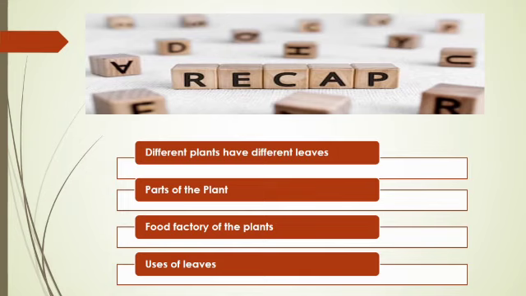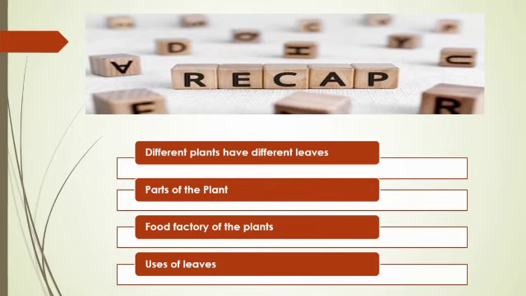Some leaves will be round, some leaves will be triangular, and some will be needle shaped. Some leaves are big and some leaves are small. Some leaves have a unique smell which adds flavor to the food.